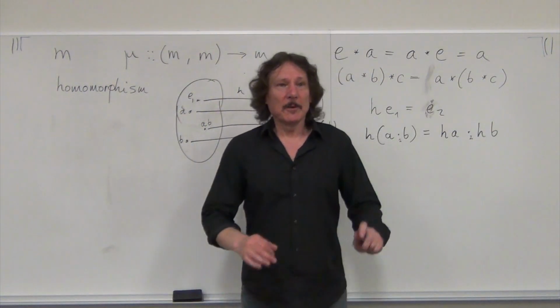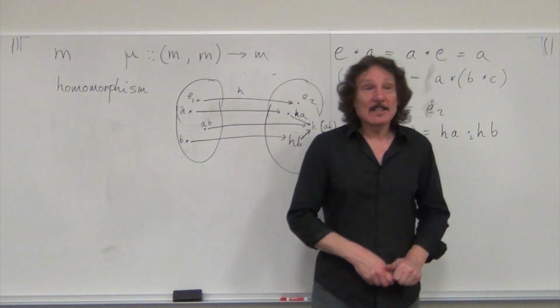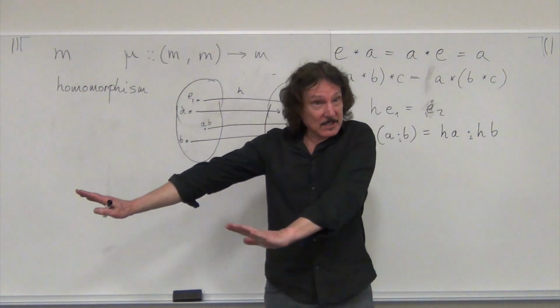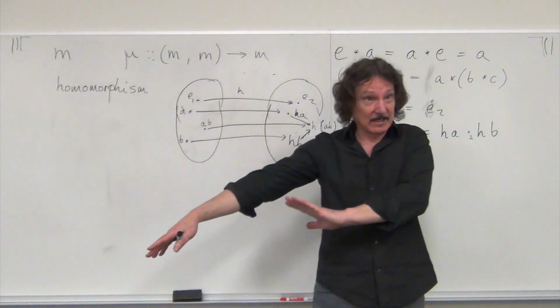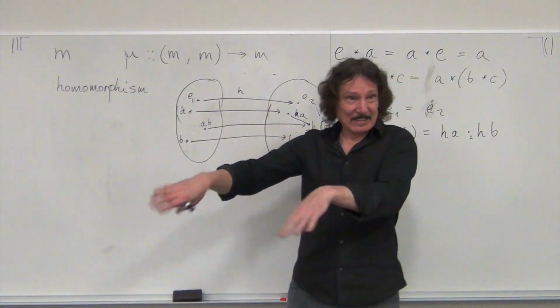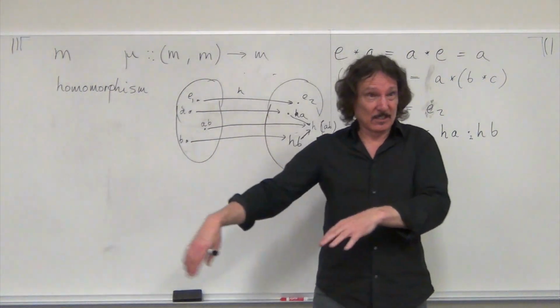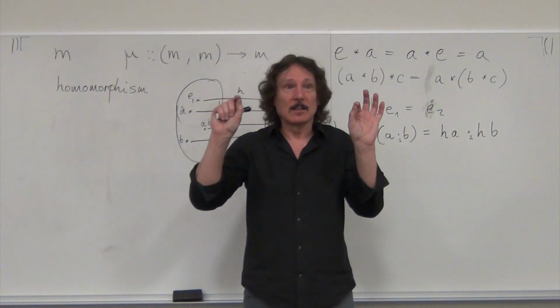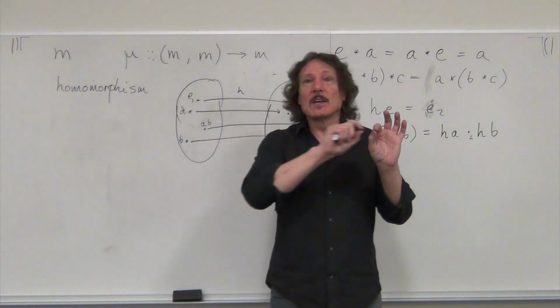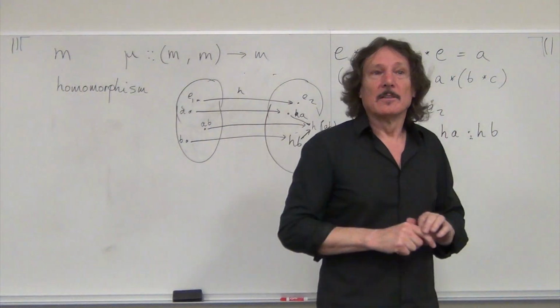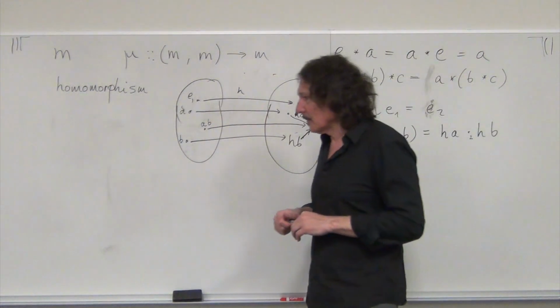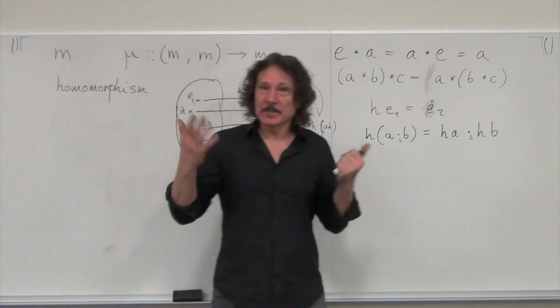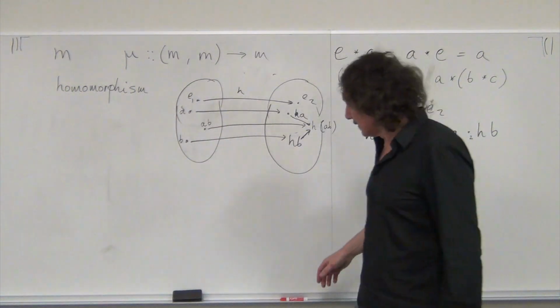So now I would like to say, let's forget about the origin of this category, that we had these sets, the ugly sets, and functions. Now we just have these points that are called monoids, and we have these homomorphisms. But that's wishful thinking. Can't do that.